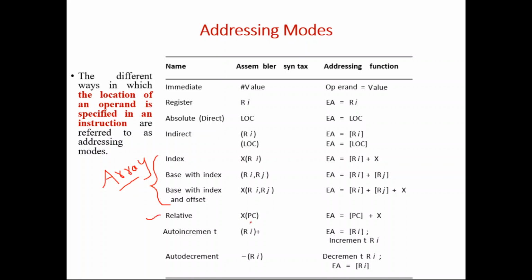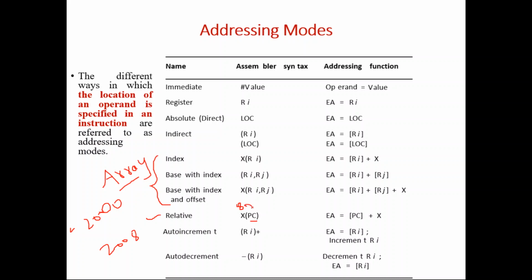This is connected with the PC, the program counter. The program counter always points to the address of the next instruction to be executed. But if the program counter is currently pointing to 2000, and for some reason you want to execute the instruction located at 2008, then you specify x as 8.